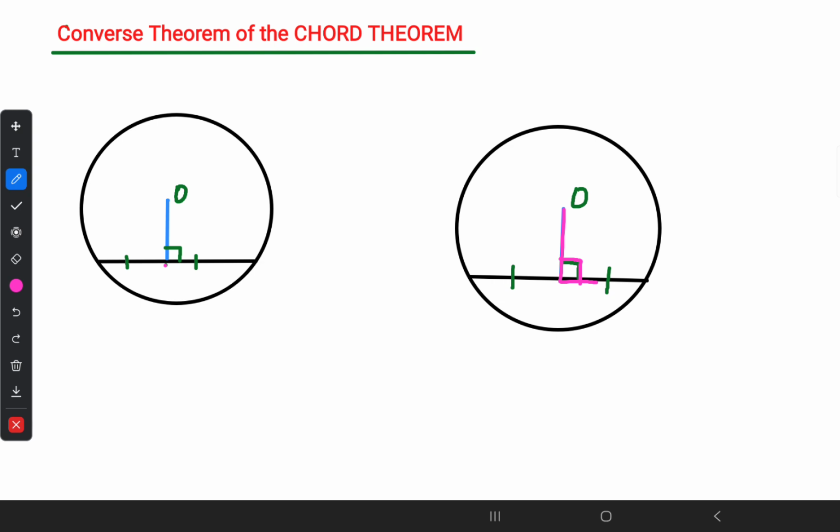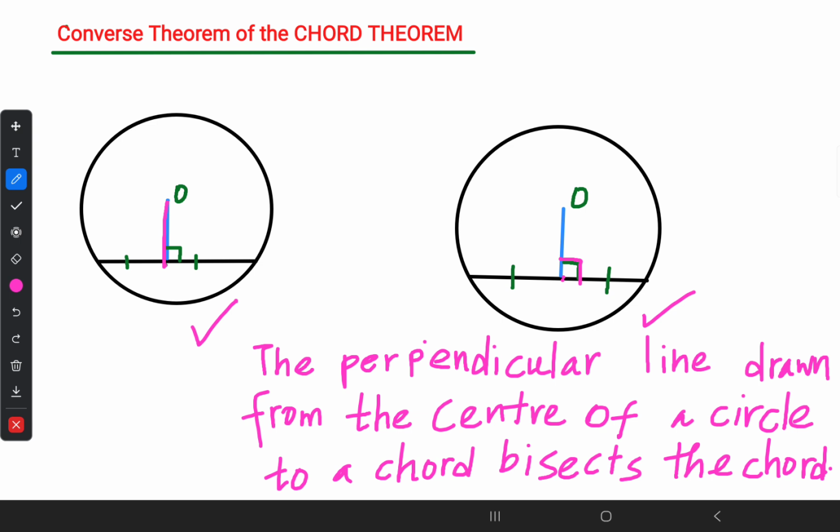Actual midpoint theorem: the straight line connecting center of the circle and midpoint of the chord would be perpendicular. Here, the perpendicular line drawn from the center of the circle to the chord bisects the chord. That is the converse theorem.